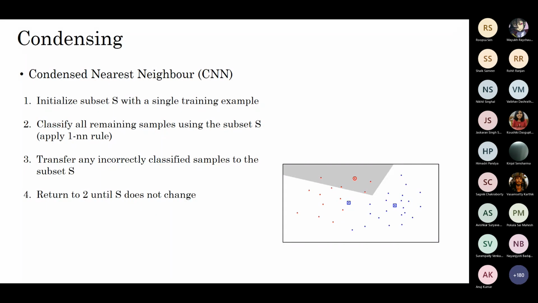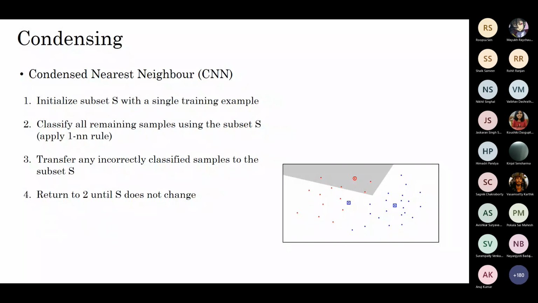Can you repeat your question, please? Now the set S contains a red dot and a blue dot. Initially, we added the red color dot first, and then a blue color dot. And in the third step, that is the step currently on our slide.